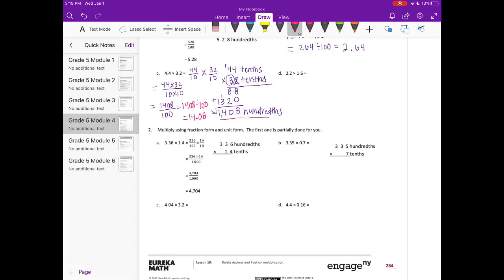Part D, 2 2/10 times 1 6/10. So that would be equal to 22/10 times 16/10. Or, if I want to do the standard algorithm, 22/10 times 16/10.